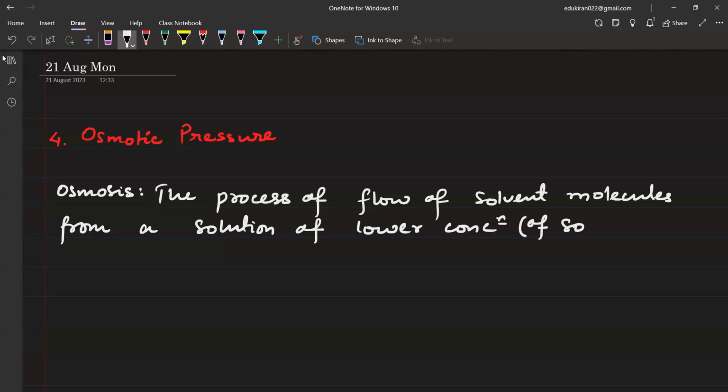If there are fewer solute particles, the solvent amount will be higher.